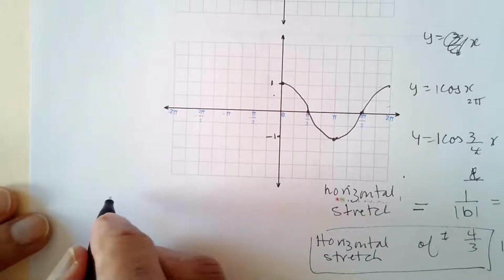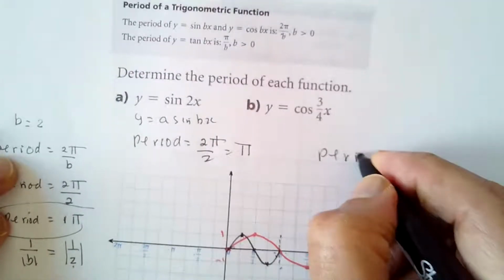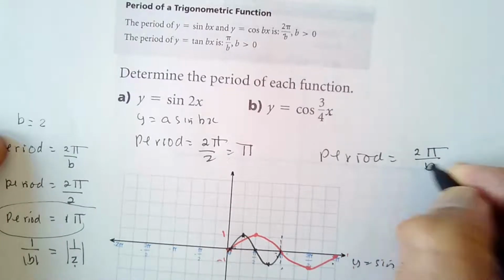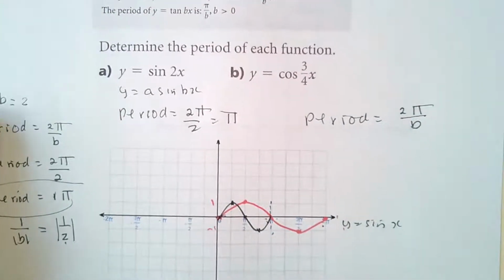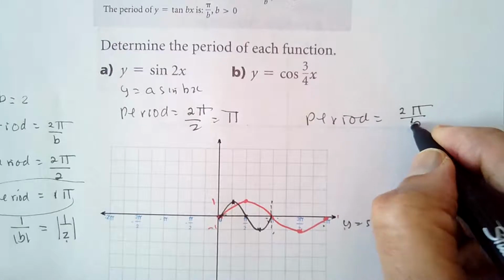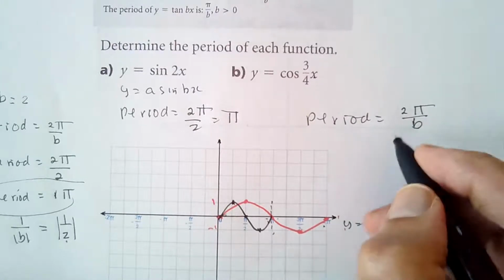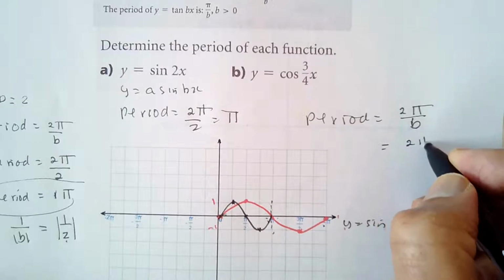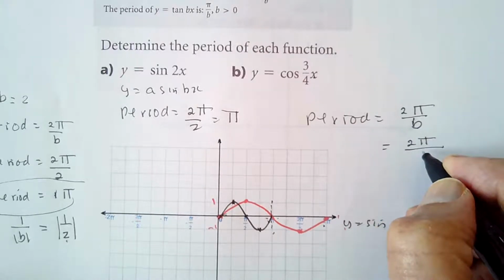Now the period for this is equal to 2 pi over b, which will give us 2 pi divided by 3/4.